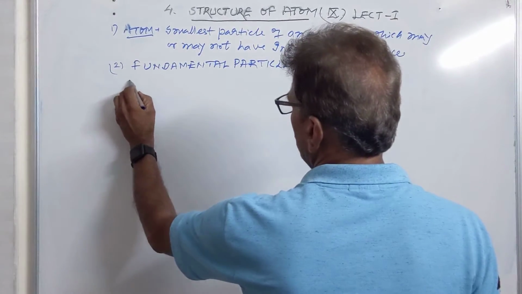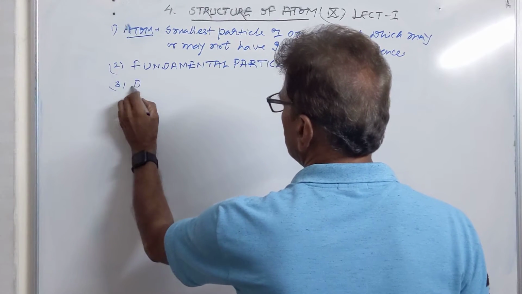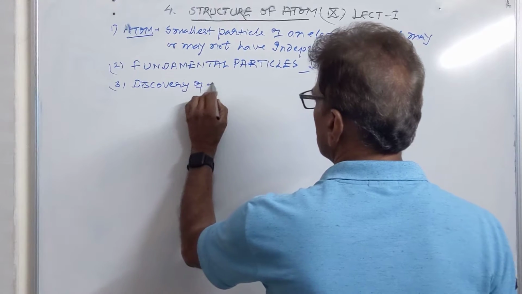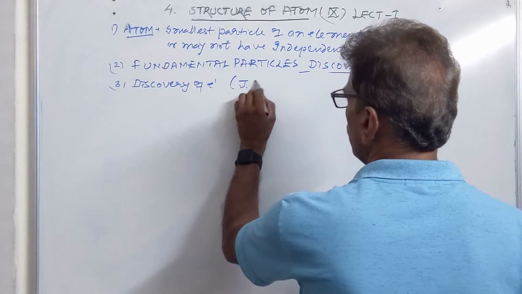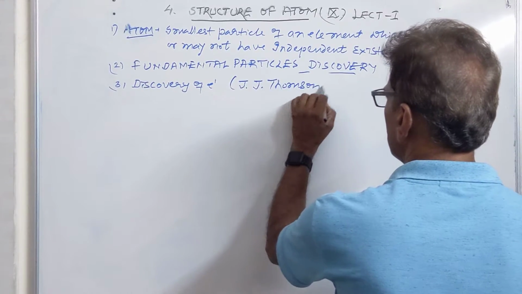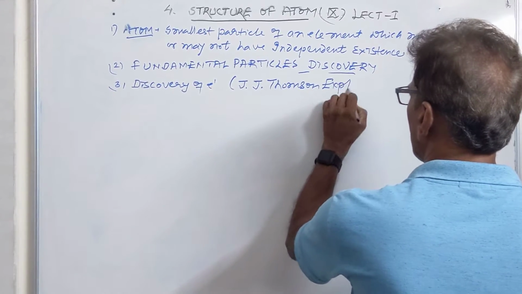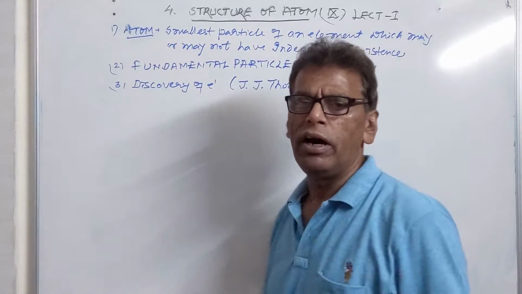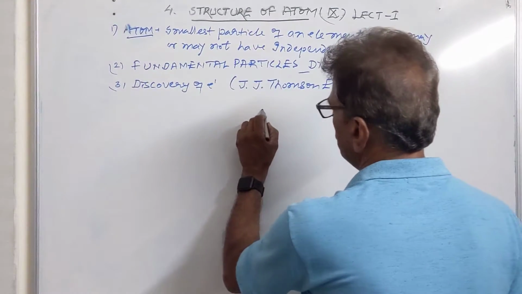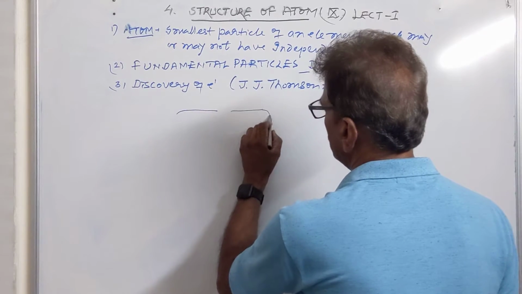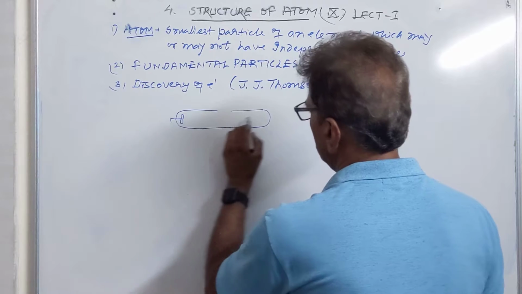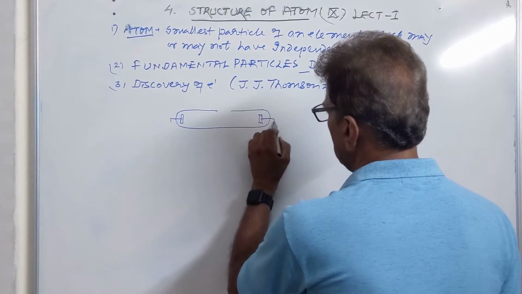First of all, discovery of electron. We are doing the J.J. Thomson experiment. Thomson took a highly evacuated glass tube fitted with two metal electrodes. This glass tube is called a discharge tube.